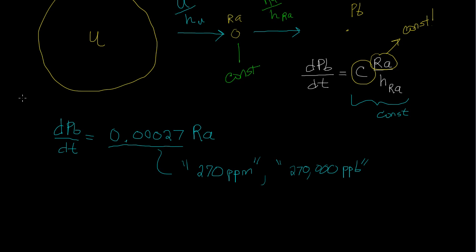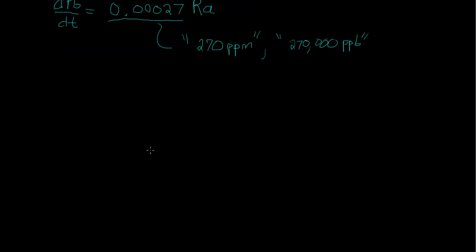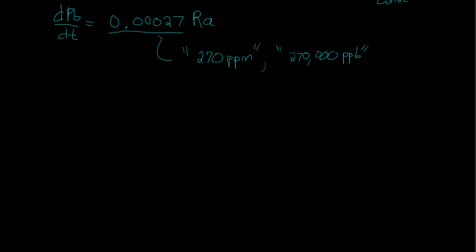Now, since this is a constant here, we can actually integrate this. It's really easy to solve and plot. So let's actually do that. This is super duper easy calculus. I'll rearrange this to say that dt is equal to 1 over 0.00027, which turns out to be 3,800, over the concentration of radium, times dPb.